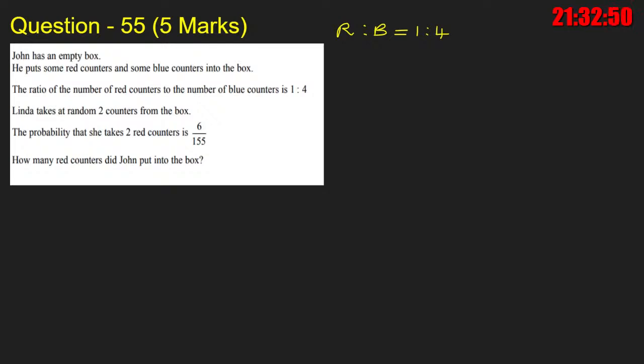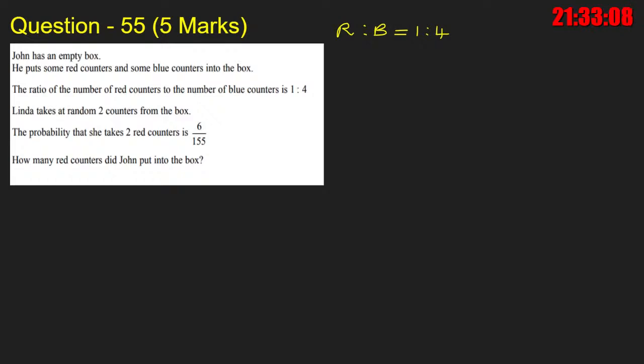Linda takes at random 2 counters from the box. The probability that she takes 2 red counters is 6/155. How many red counters did John put into the box?